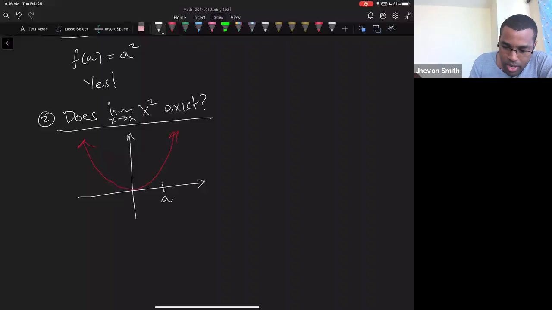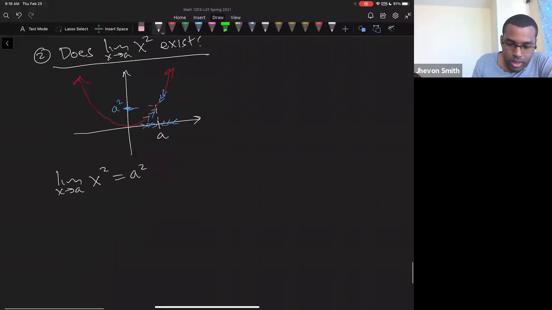For any random A I pick, whether I come in from the right or come in from the left, they always bring me to the same answer. In fact, they bring me to A squared. And so what I can say is the limit as x approaches A of the function is A squared. So yes.